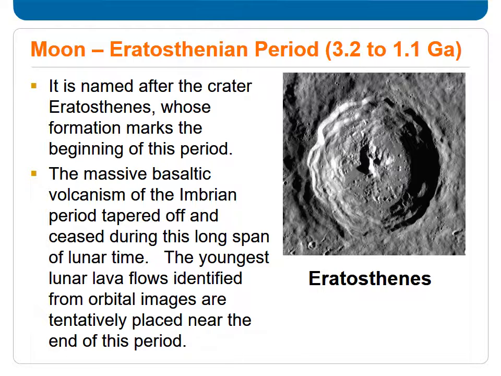The massive basaltic volcanism of the Imbrium period tapered off and ceased during this long span of lunar time. The younger lunar lava flows identified from orbital images are tentatively placed near the end of this period. Its Earth equivalent consists of most of the Mesoarchean and Neoarchean eras, the Paleoproterozoic and Mesoproterozoic eras.